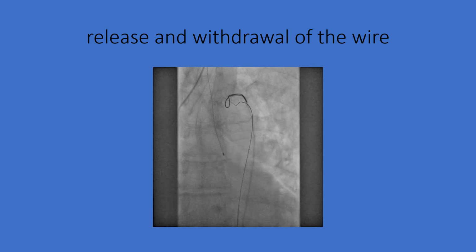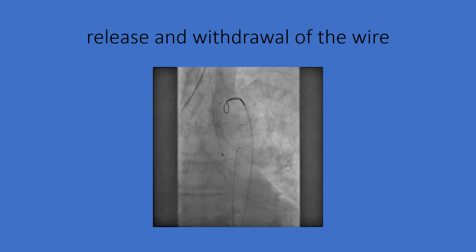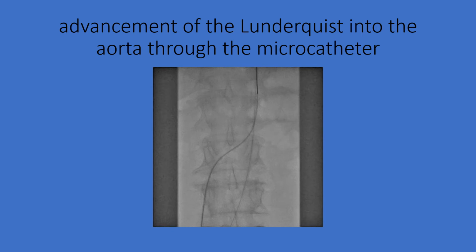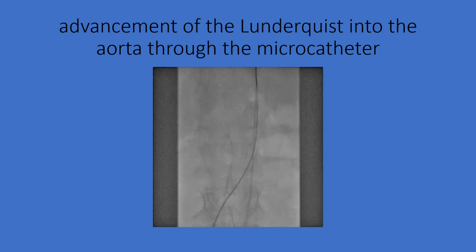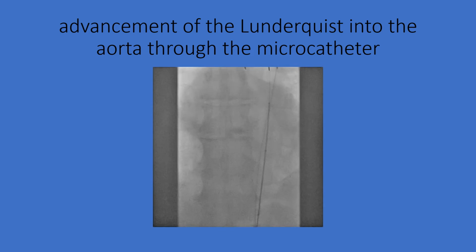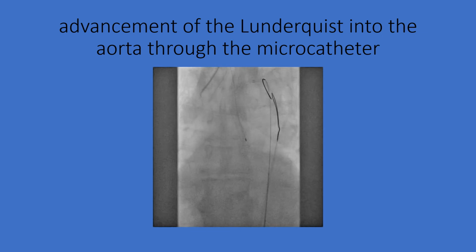Once the microcatheter is in descending aorta, the wire is released from the snare and withdrawn. And now the stiff wire, in this case the Lunderquist, is advanced through the microcatheter into the descending aorta.